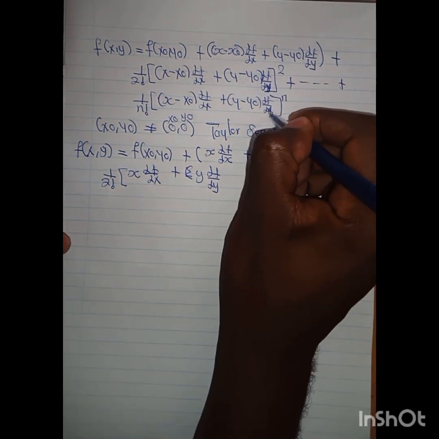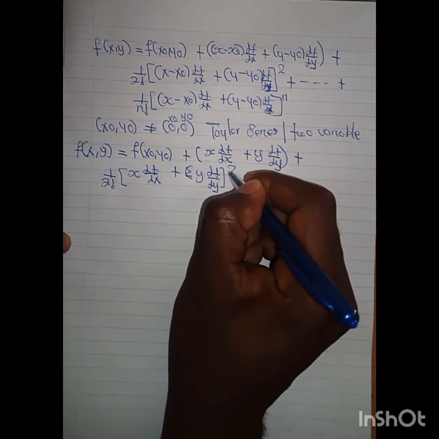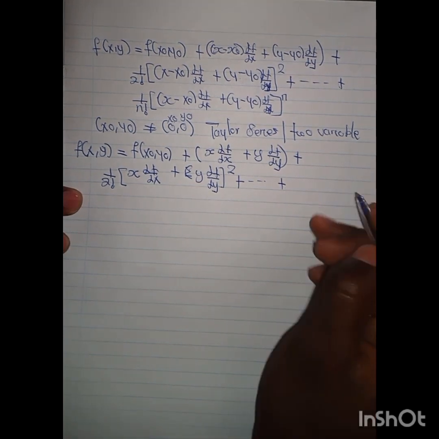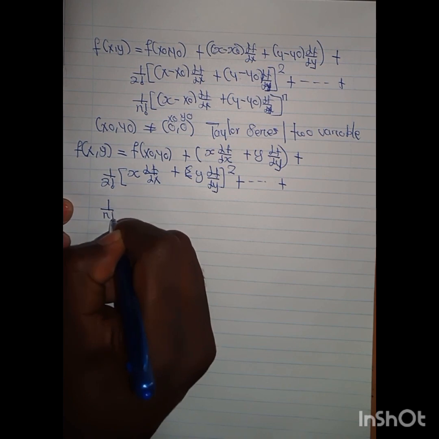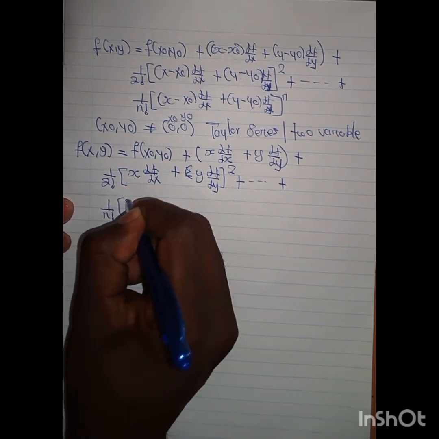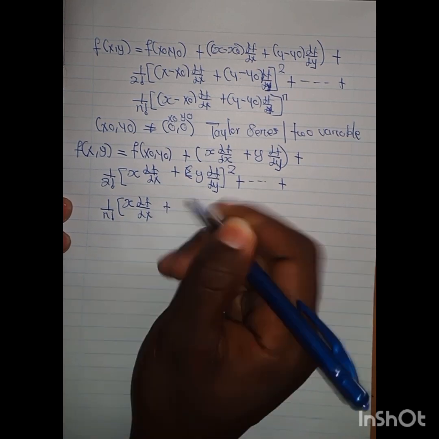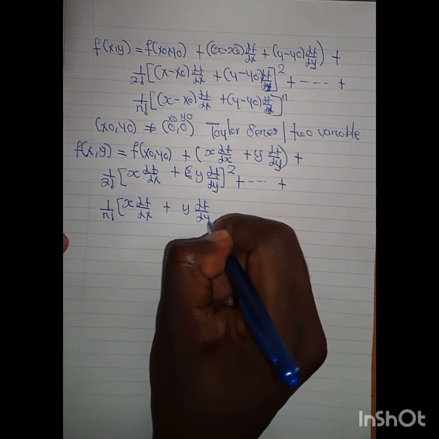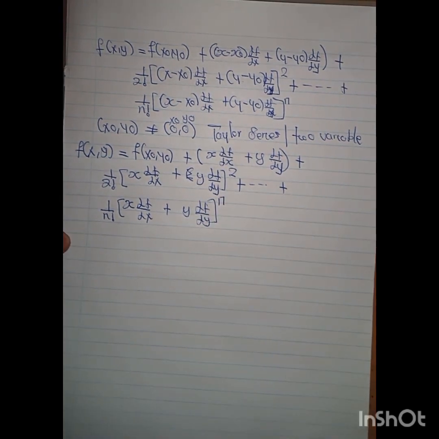Then dy, all squared. So if we run this formula up to n, it means we'll have 1 over n factorial x df dx plus y df dy up to n, like that.